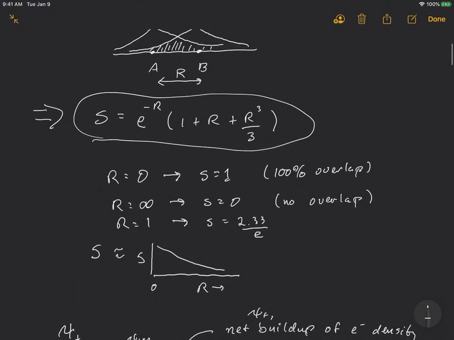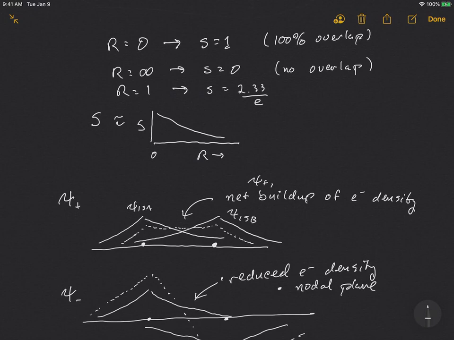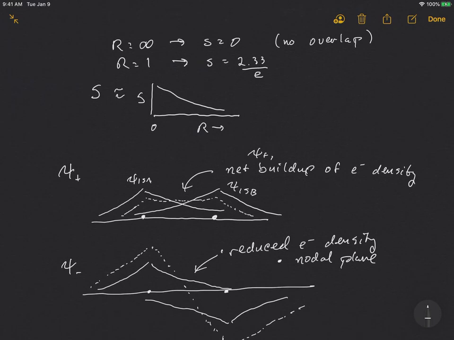So now that we've defined S and we have a properly normalized wave function, we can sketch what these combined wave functions look like. Again, as above, I've sketched the two individual atomic wave functions, psi 1sa here and psi 1sb there.